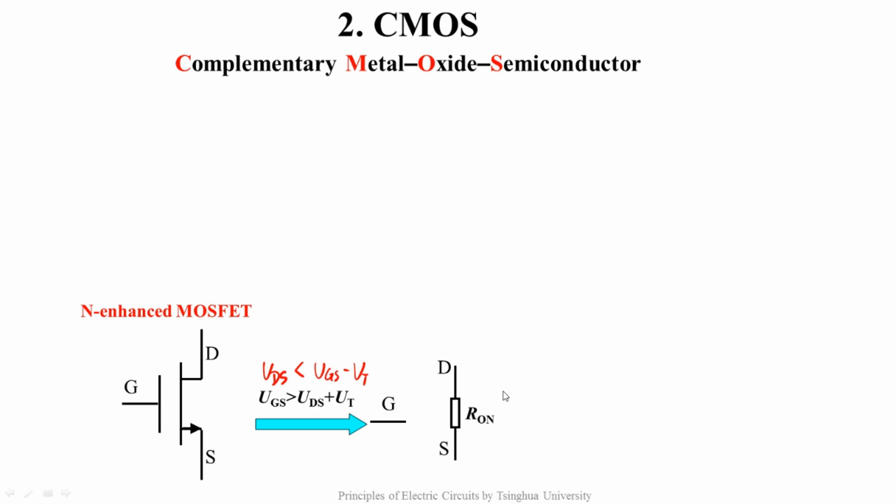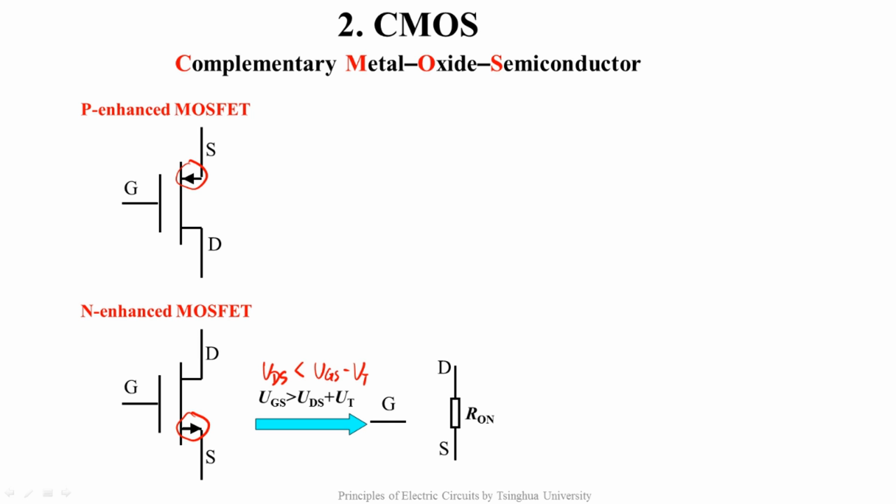Corresponding to the N-channel enhanced MOSFET, there's a P-channel enhanced MOSFET. This is its circuit symbol. Pay attention to the difference between the circuit symbols of N MOSFET and P MOSFET, the direction of this arrow.